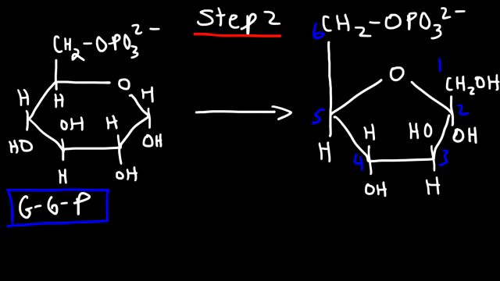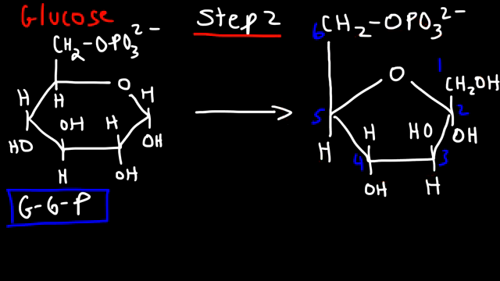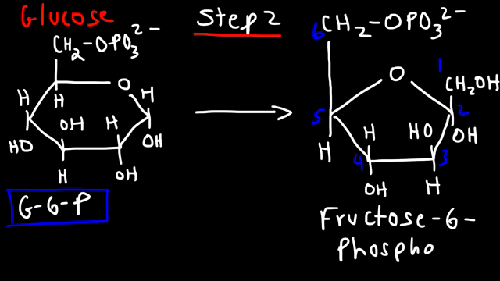Now we don't have a glucose base unit, but looking at this, what type of sugar do you think this is? Glucose has a 6-membered ring, but fructose has a 5-membered ring. So the name of this particular molecule is called fructose 6-phosphate because we still have the phosphate group on carbon 6.